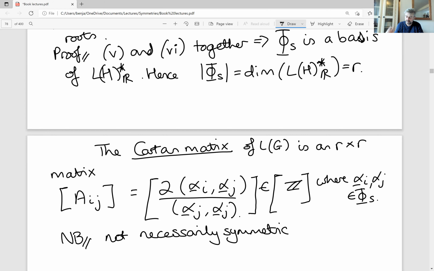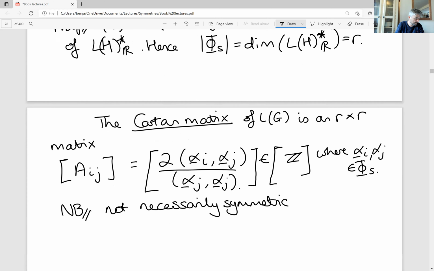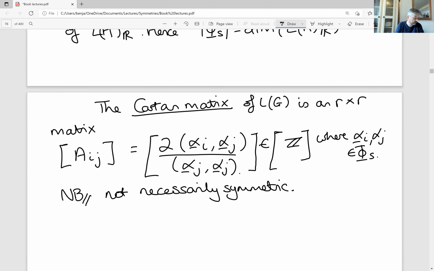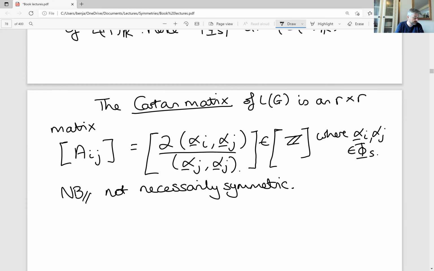Under switching i and j. All right, so now we're going to rewrite the Lie algebra one last time. It's only a minor change of notation actually.